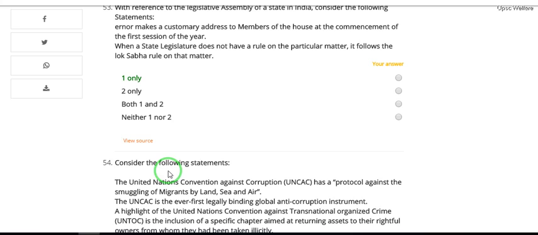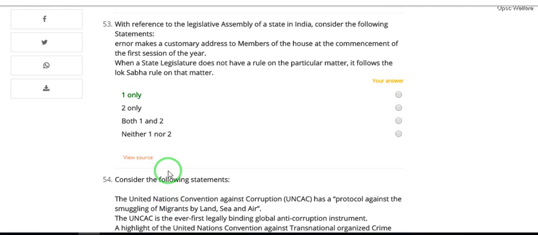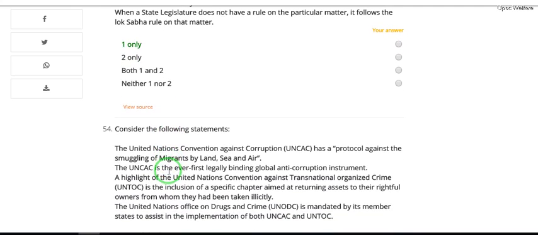It's going to be correct. But in the other option, when the state legislature doesn't have a rule on a particular matter, it follows the Lok Sabha rule on the matter. No, a state legislature also has its own rules on the particular matter. So it's going to be incorrect. So here I will go for only 1 being correct.